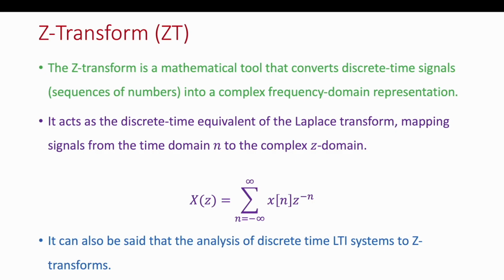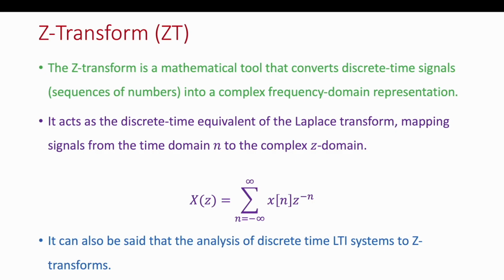The Laplace transform is again used to convert the time domain signal into the frequency domain signal, but we use the S domain, the S plane, where we have real as well as imaginary parts. Where we cannot use the Fourier transform, we use the Laplace transform for the continuous time signal, as well as if we have real and imaginary parts of the signal.